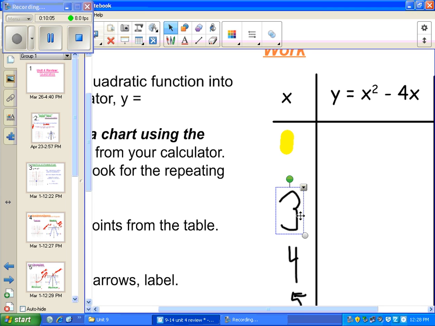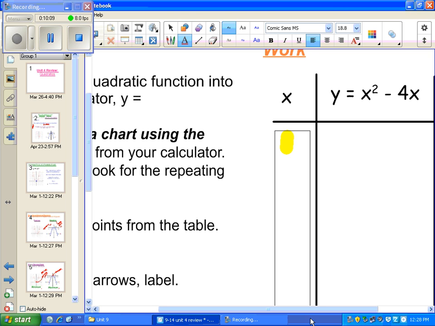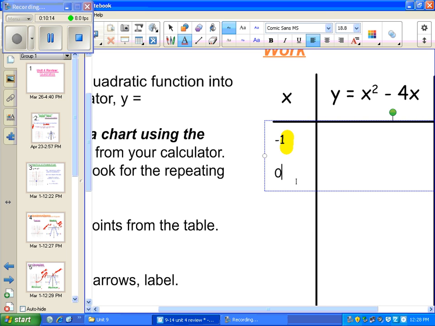I'm going to actually type these in. It's going to be easier. So I'm going to put in -1, 0, 1, 2, 3, 4, and 5.